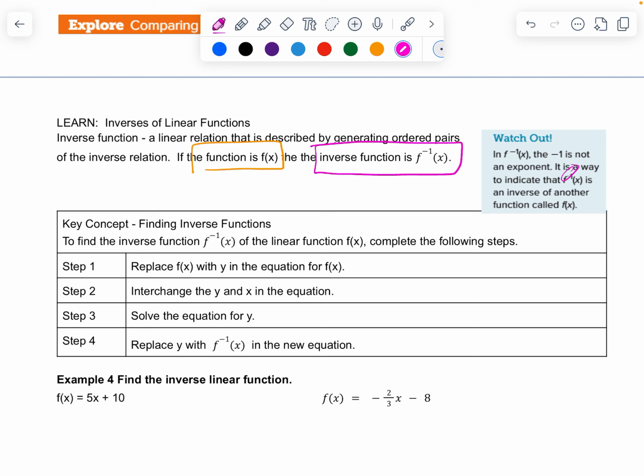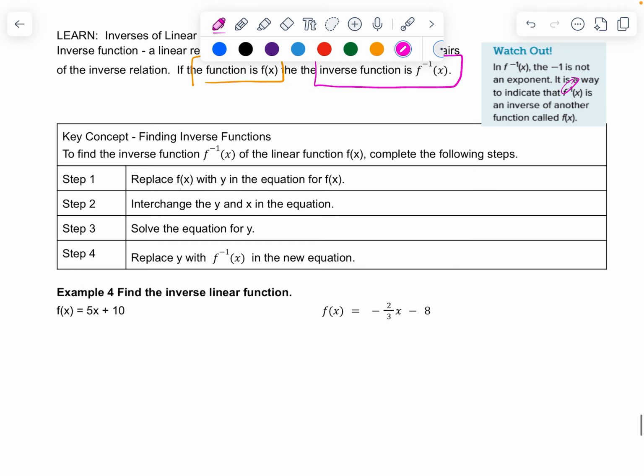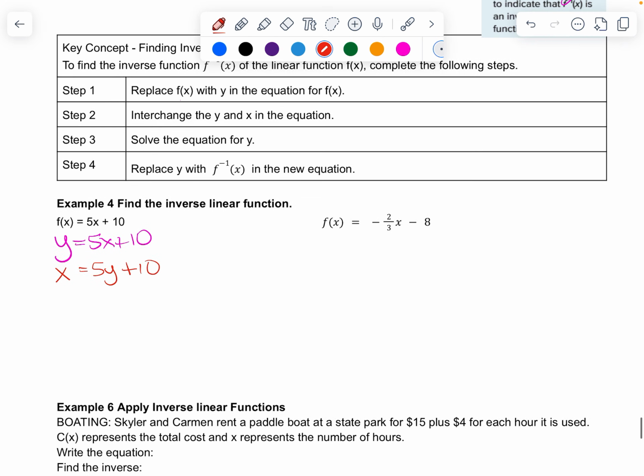What we do to find it: we replace f of x with y. I'm going to change f of x to y. That's step 1. Step 2, we interchange the x and the y, and we solve for y.